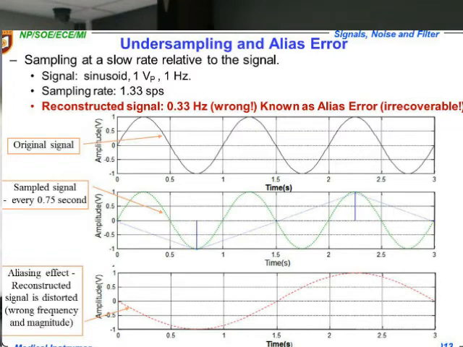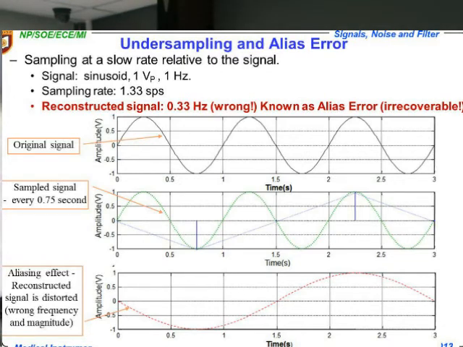So what happened here? The reconstructed signal is wrong. We started out with 1 hertz, and we conclude, looking at here 1 cycle, or from half cycle we can deduce, that the frequency is 0.33 hertz.